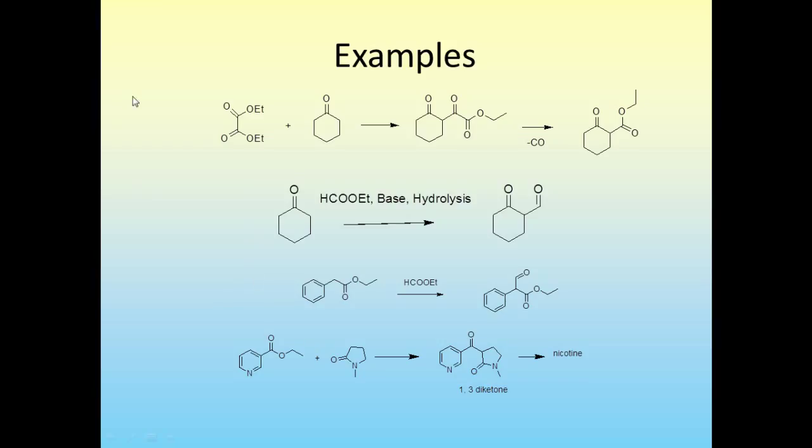So these are examples: diethyl oxalate is taken here for the introduction of this type of keto esters, with loss of carbon monoxide, introducing the ester groups. Ethyl formate, already discussed, introduces the aldehyde group near the carbonyl, an important reaction in the synthesis of some natural products.